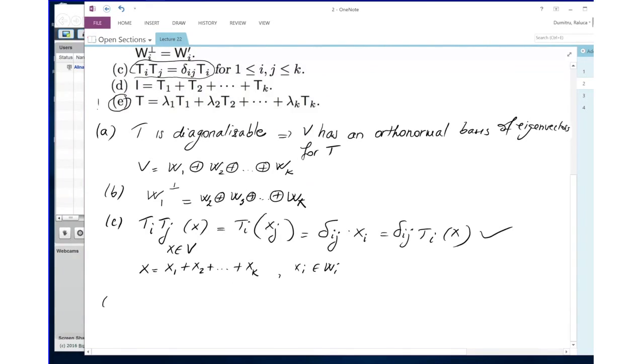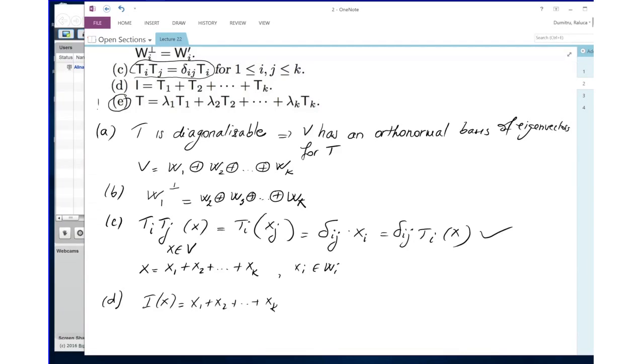All right, part D. The identity itself can be broken into the sum of the k orthogonal projections, and the idea is the same as in part C, because when you apply the identity to x, you just get x, and x is x1 plus x2 plus xk, the sum of all those pieces from the k orthogonal spaces.